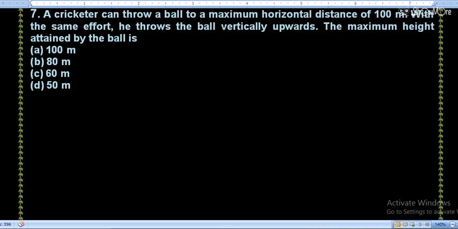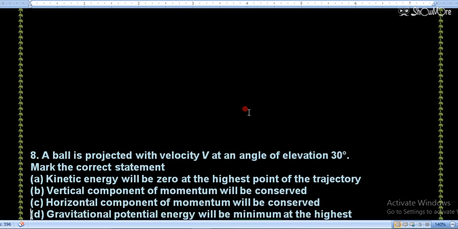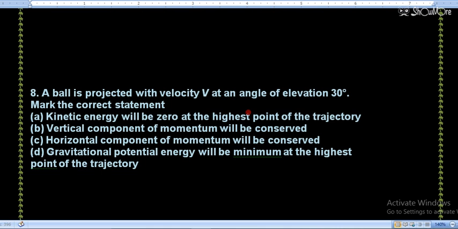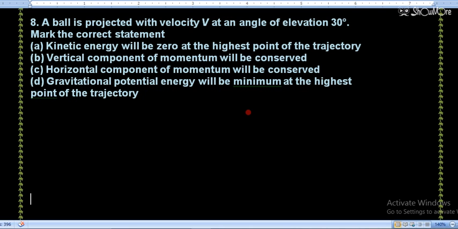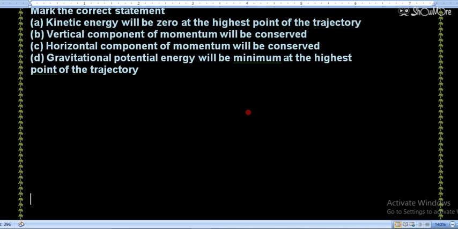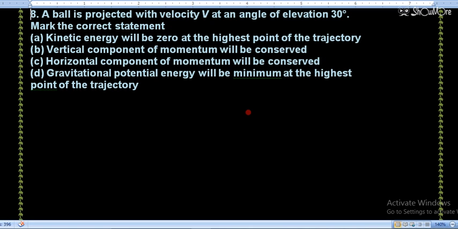The next question will be displayed on your screen, and this is question number 8. A ball is projected with the velocity v at an angle of elevation 30 degree. Mark the correct statement. Students, you can also try this one.